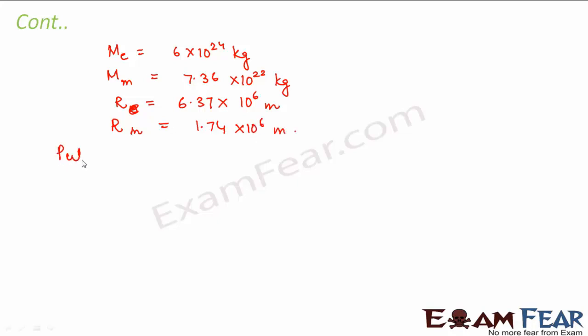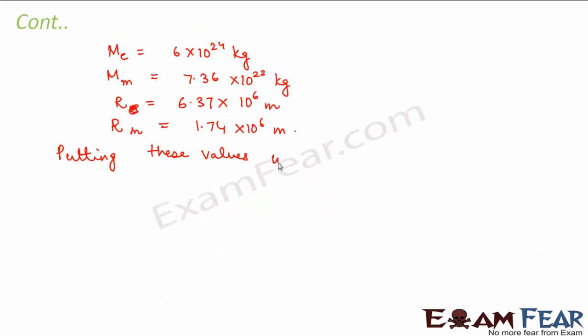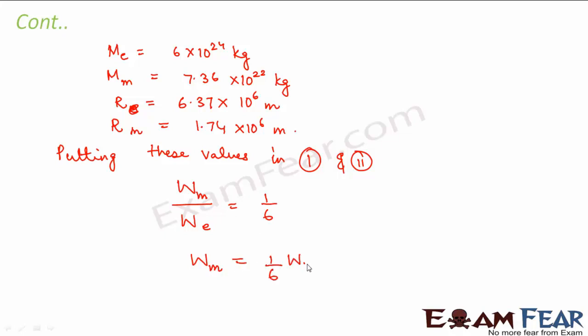So putting these values in the previous expressions, that means in expression 1 and 2, we find that weight on the moon divided by weight on the earth is equal to 1 by 6, or weight of an object on moon is 1 by 6 the weight of the object on the earth.